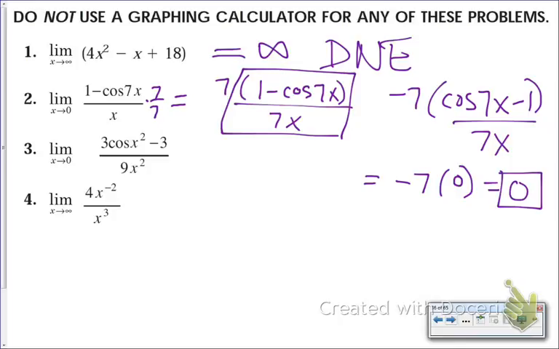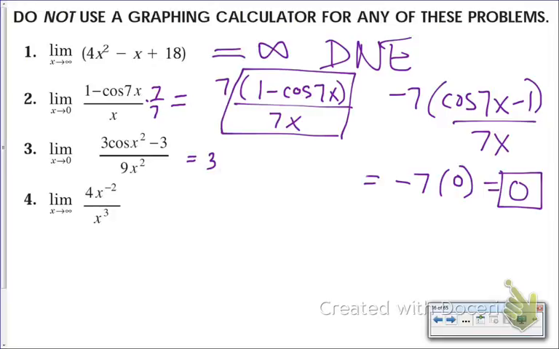What about the bottom one? For the third one, I mean. What can you factor out of the top? Factor out a 3, so you get cosine x squared minus 1, which factors to cosine x plus 1 times cosine x minus 1. Oh, actually, I think that's the wrong thing. Hold on. Is it x squared?